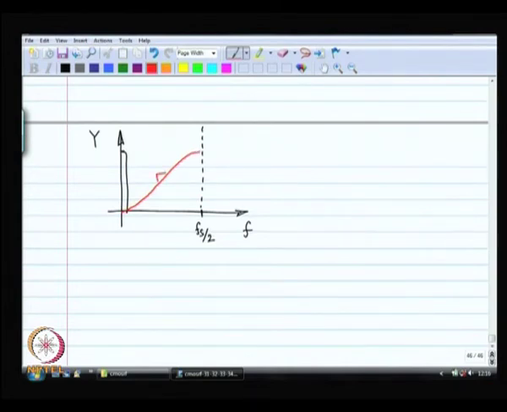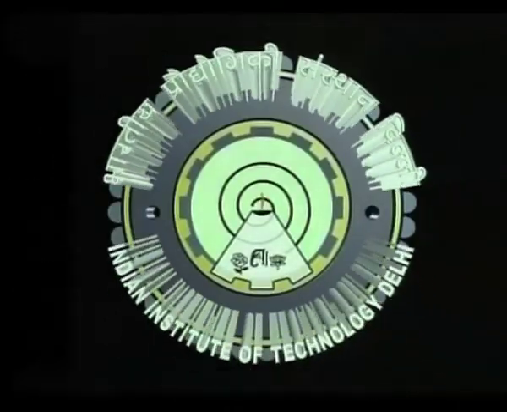If you plot this with the x axis in log scale, then you will see a certain slope, and that slope is going to be equal to 20 times n, where n is the order of the transfer function. Okay. So, we are going to stop here, and in the next lecture we are going to try to use this sigma delta to our advantage.